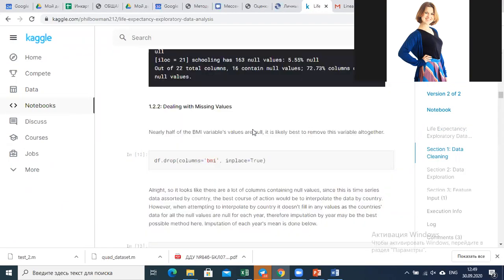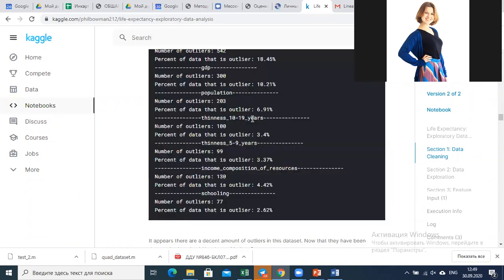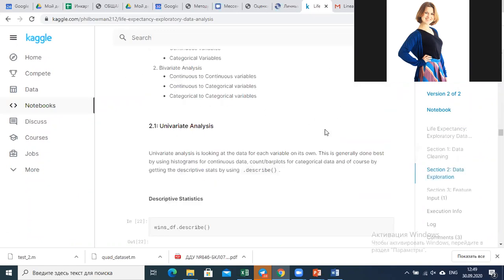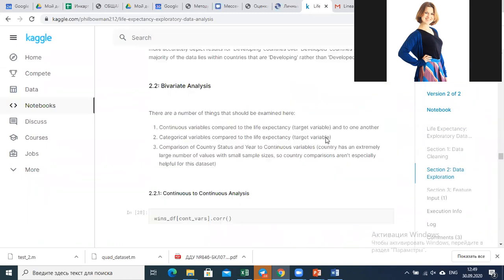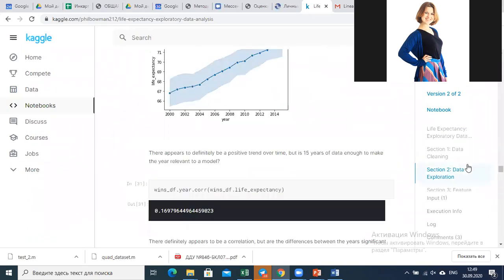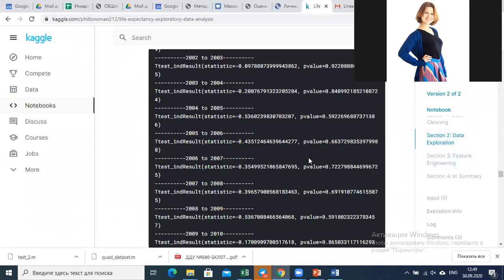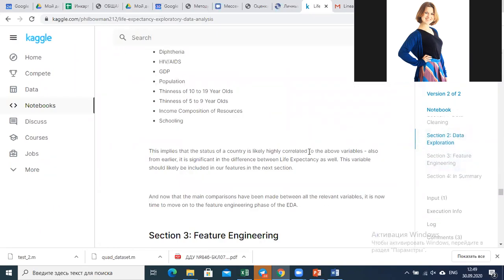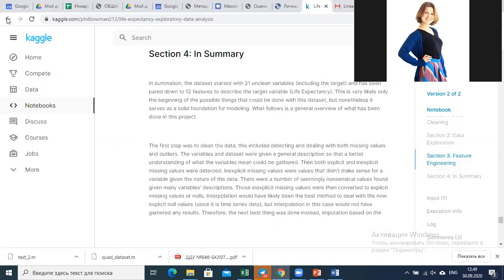We will try to find some scatter plots. So it's like data analysis. We are looking for dependencies in our data.